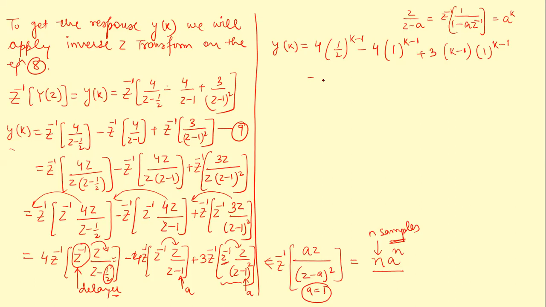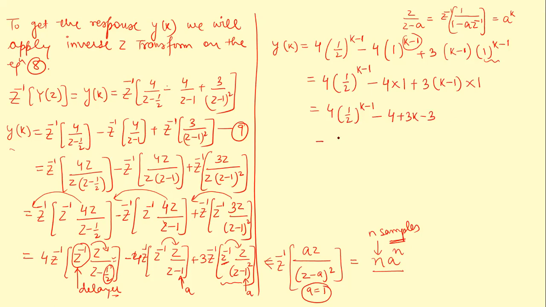So we can open up this: 4 times 1 by 2 raised to the power k minus 1 minus, now whatever will be the power of 1, it will always be 1, 4 into 1, right? Plus 3 times k minus 1, and this is also 1, right? Okay, so we have 4 times 1 by 2 raised to the power k minus 1 minus 4 plus 3k minus 3.